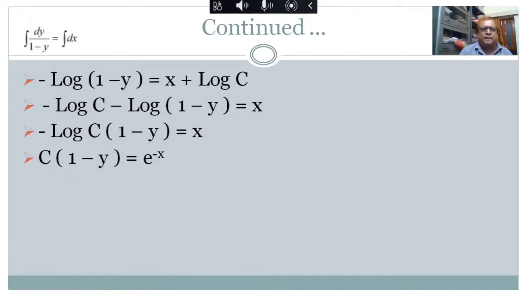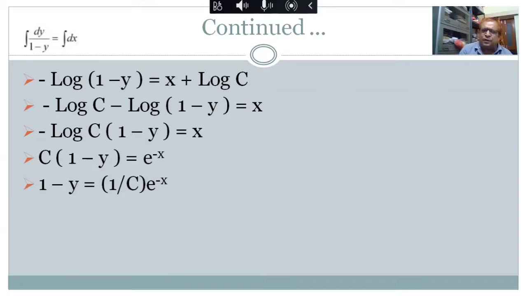So c (1 minus y) is equal to e raised to power minus x. You know it, if you know the logarithm, that if log goes to this side, then it becomes e raised to power the variable. So 1 minus y is equal to 1 upon c, e raised to power minus x.